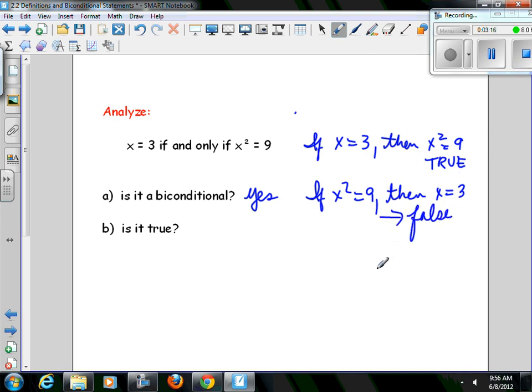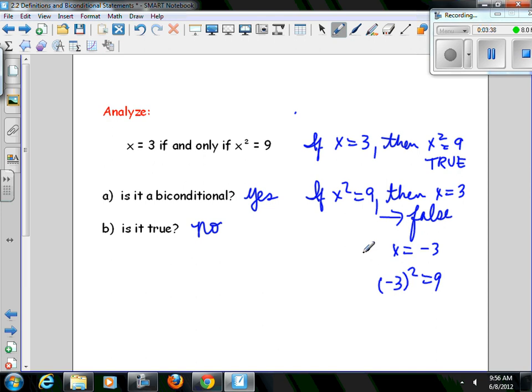And do you know why? There's something else that works as well as 3. X could be negative 3, because negative 3 squared also equals 9. So even though that is a biconditional, it's not true, because x could also be negative 3.